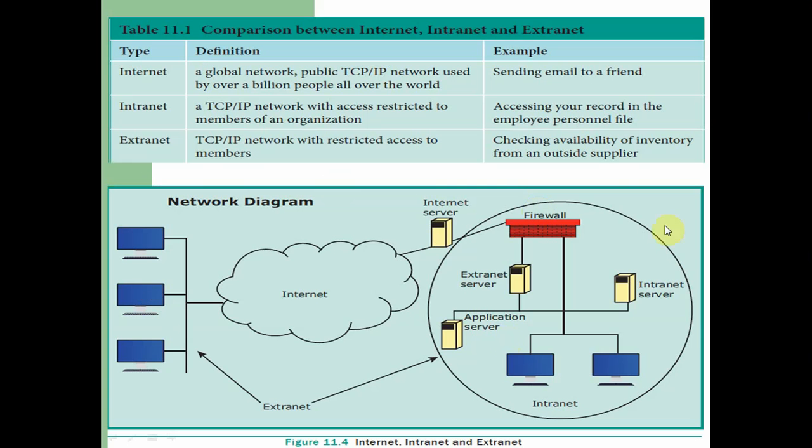The whole network is called the internet, where we use internet services. This is also called an extranet. And the difference between the extranet and intranet is that the intranet is only used by the employees, whereas the extranet is also used by suppliers from outside. But all these three use the same technology called internet technology, that is TCP/IP network technology.